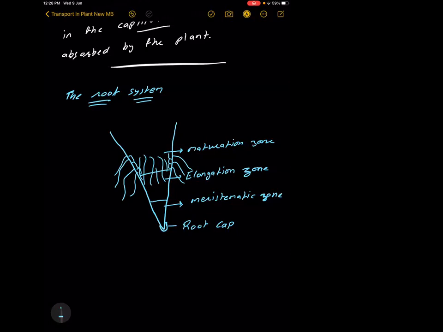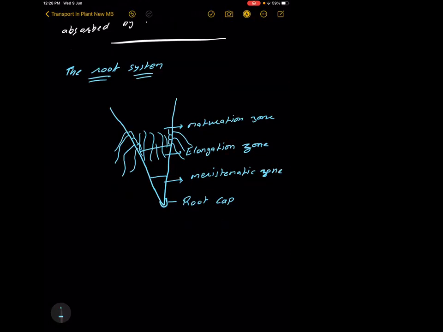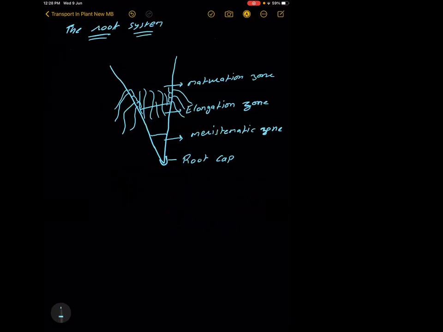Each root hair is a long, elongated hairy structure, and it is an outgrowth. It is not a complete cellular structure. It is an outgrowth of an epidermal cell. Suppose this epidermal cell grows and shows an outgrowth like this.